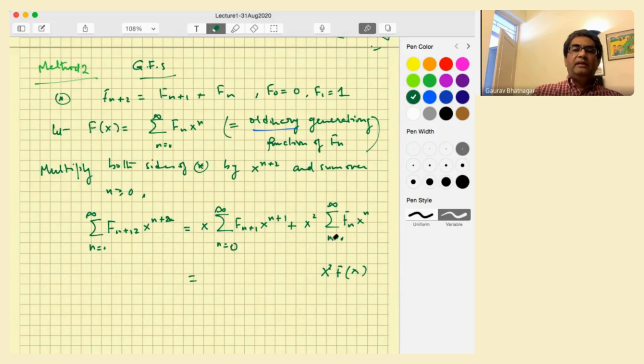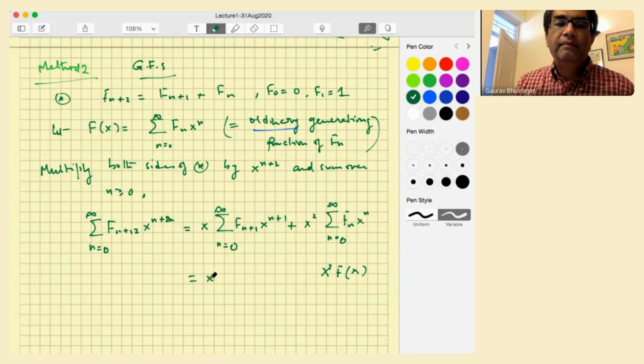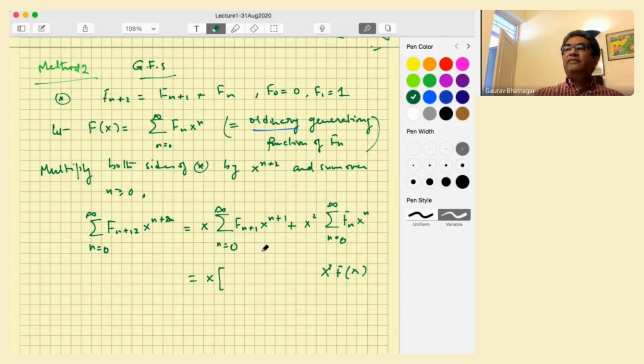This one starts from n equal to 0, so the first term is f1, and we have to remove the first term. We have basically f of x minus the first term, and that happens to be f0 times x raised to 0. And here we have to remove two terms. So it's f of x minus f0 times x raised to 0 minus f1 times x.